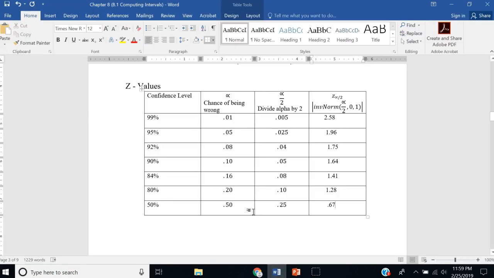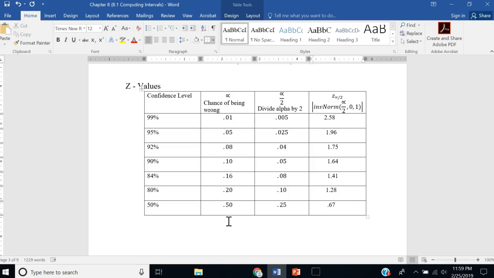Now, what I would like to say now is, as far as these z-values go, like I said, there's two types of questions that we're going to deal with. The first type of question, when we find the actual confidence intervals, those z-values will sort of blend into the background, and we won't do a lot of calculations with them.